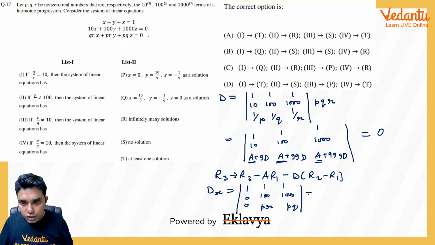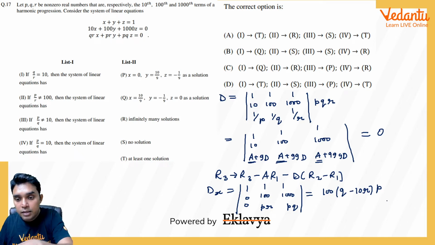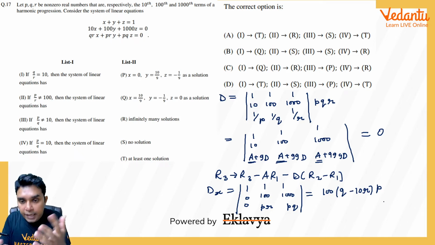You can check, this will come out to be, with 100 taken common and P also common, Q minus 10R, and P will be outside here. So if Q is equal to 10R, we will get solutions, but that cannot be the criteria only, because we have to check for dy and dz also.